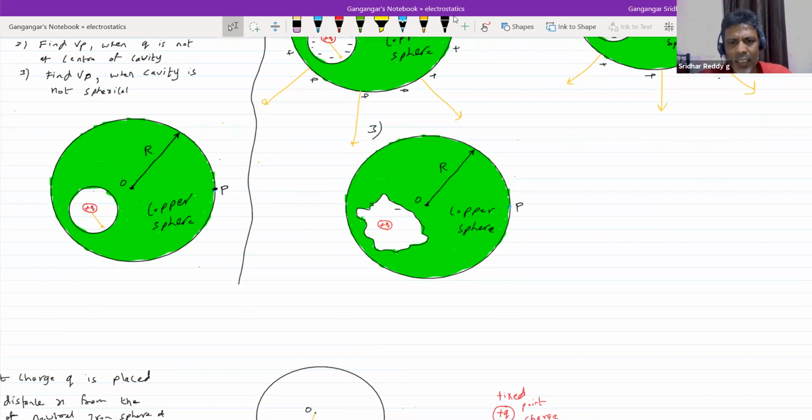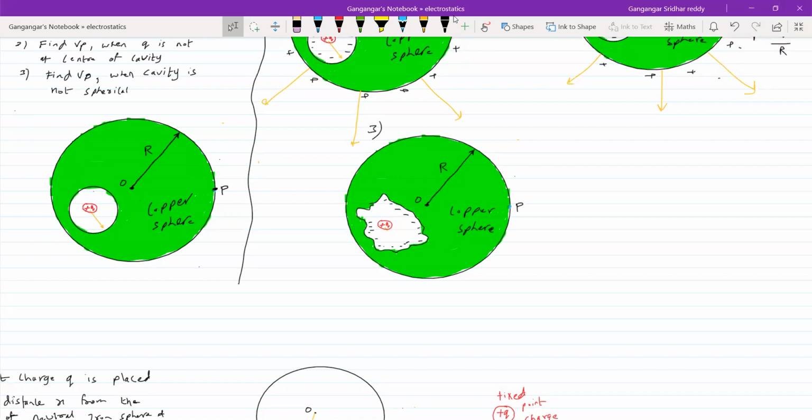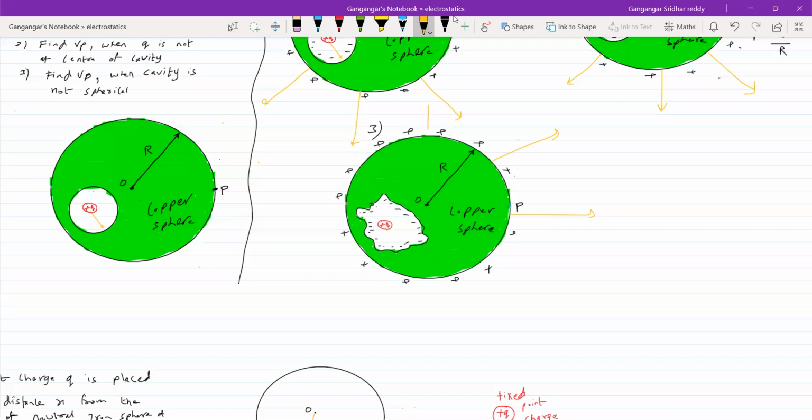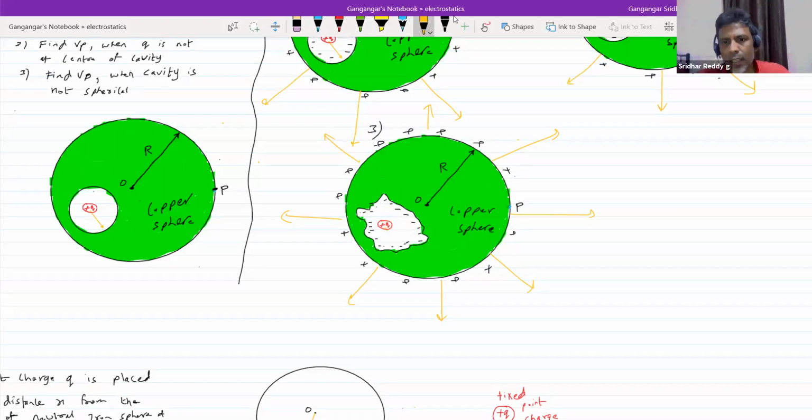You can see the cavity. Here I'll show more. And again on the outer surface it will be uniform. So the field lines are similar to a conducting sphere. So what is the potential at point P? Again, it is equal to KQ by R.